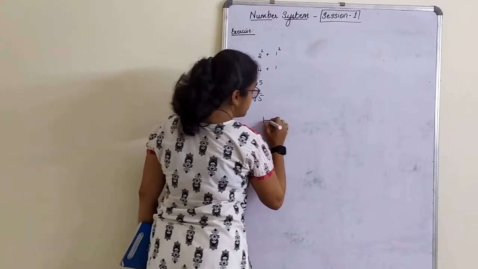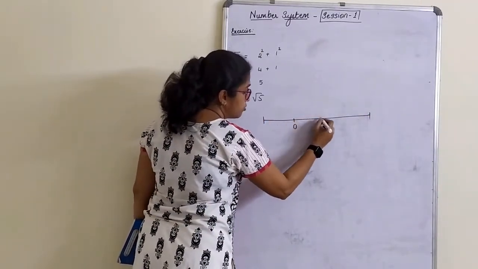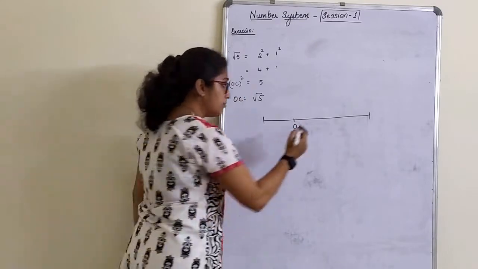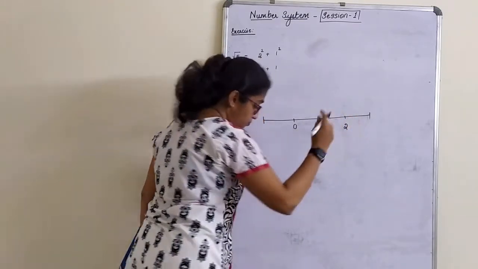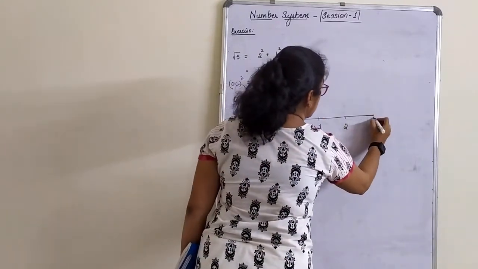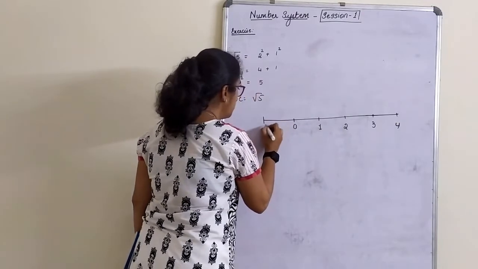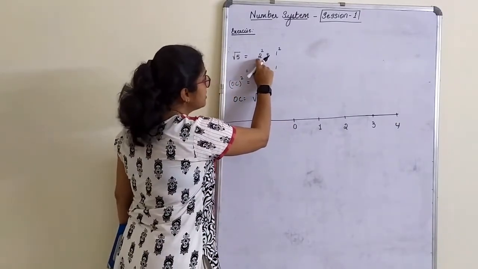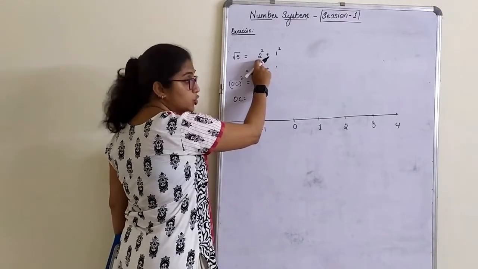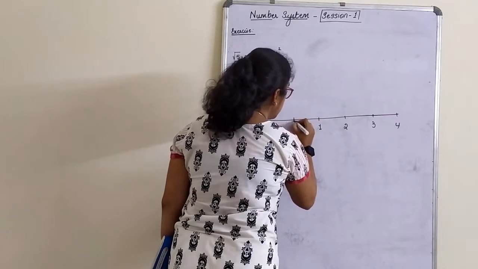That means this is your number line, okay? So 2 units as 1 centimeter, we'll stick to it. So this is your 1, this is your 2, this is your 3, this is your 4, similarly -1 and so on. So the base is whatever we have taken here, it is 2. This is 1 unit, this is 2 units.